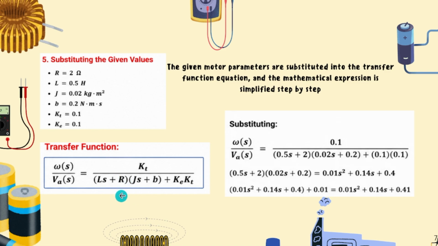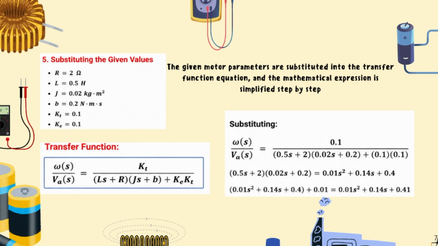So this is the general transfer function equation before substitution. Next, we substitute all the motor parameters into the equation. After multiplying and simplifying the terms, we obtain the denominator polynomial. Finally, after adding the last constant term, we obtain the final simplified denominator of the transfer function.